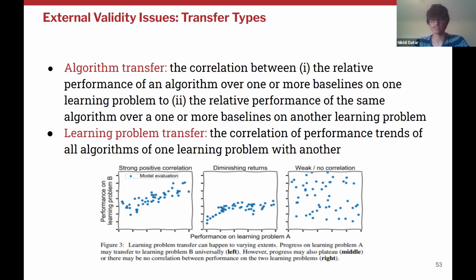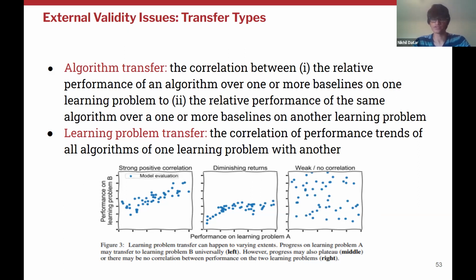So correlation trends with any algorithm that's run on some learning problem may result in some sort of correlation with another learning problem. As we can see, these are just simple plots of correlation, but really they can be for either algorithm transfer or learning problem transfer.